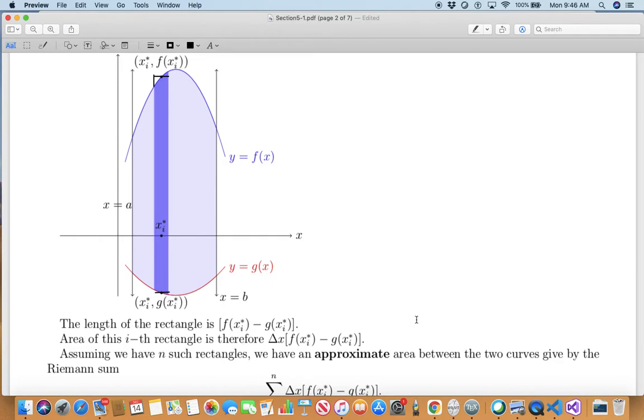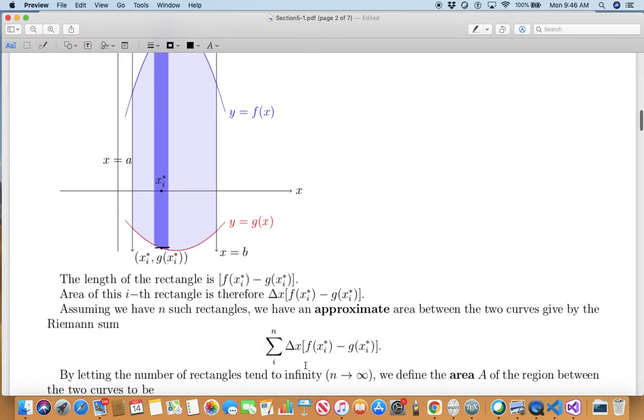So if you have forgotten what a Riemann sum is, go back to the videos on chapters 3 and 4 and you will recognize what this is about. So this is an approximation.